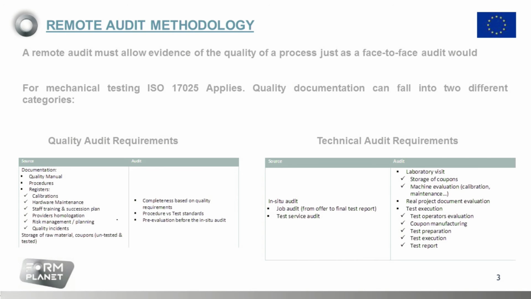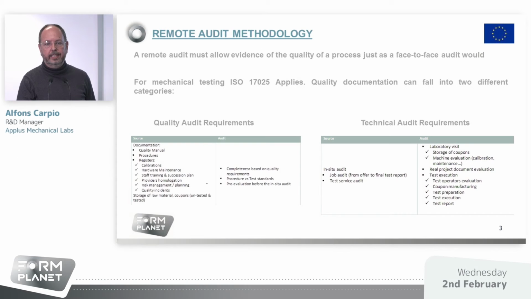So we have focused our analysis on this quality system, but it can be extended to other quality systems. In these quality systems, there are two kinds of documentation that should be assessed. One of them is more documental audit, more quality documents. The other one is more technical.